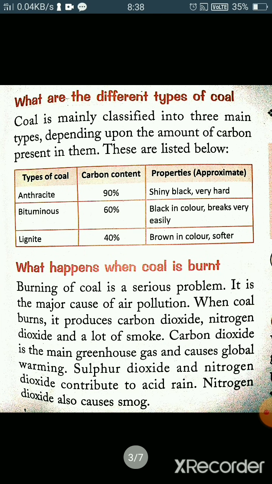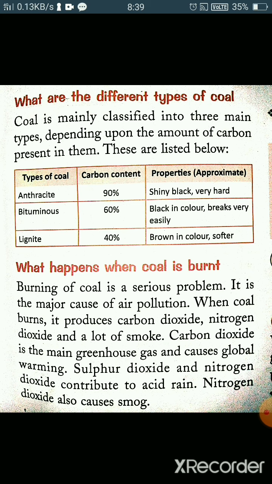Now what are the different types of coal? Coal is mainly classified into three types. Anthracite contains 90% carbon and appears shiny black and very hard. Another is bituminous, which contains 60% carbon, is black in color and breaks very easily.